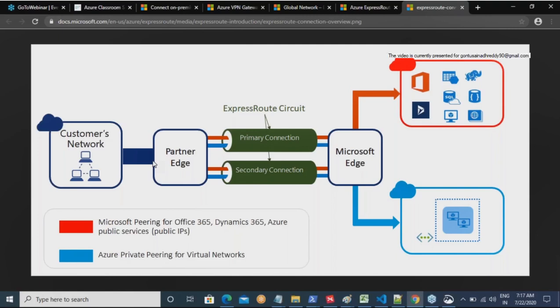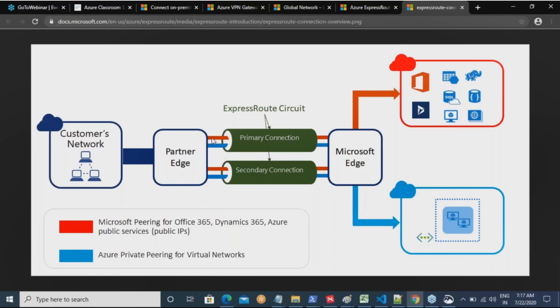You directly take the connection, and then from your office to the edge location there is a direct connection. You are connected to Azure's backbone network from partner edge to Microsoft Edge using an Express Route circuit.